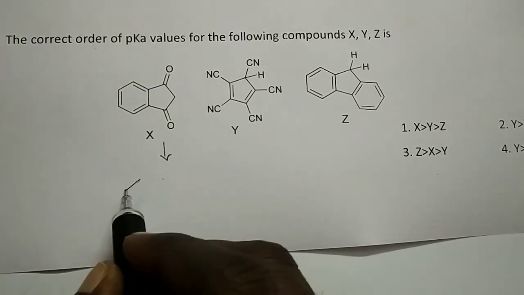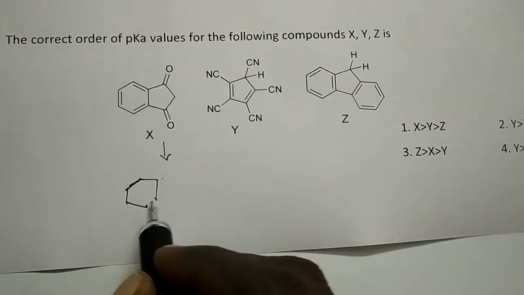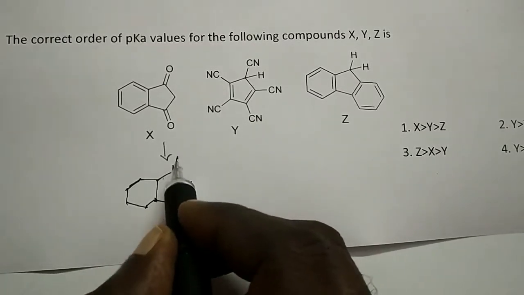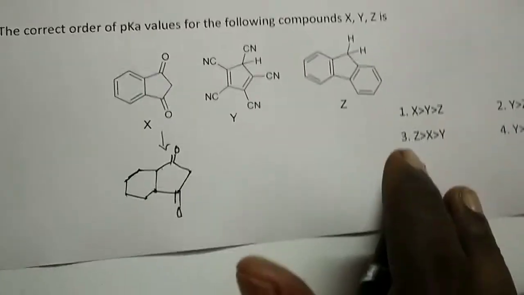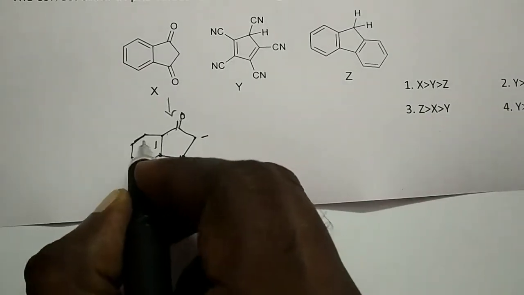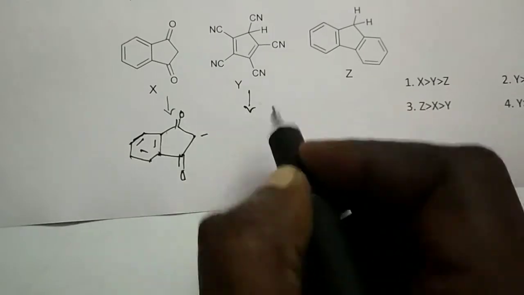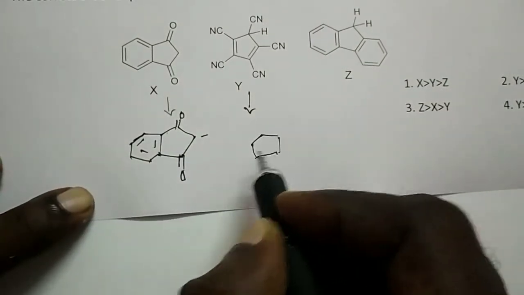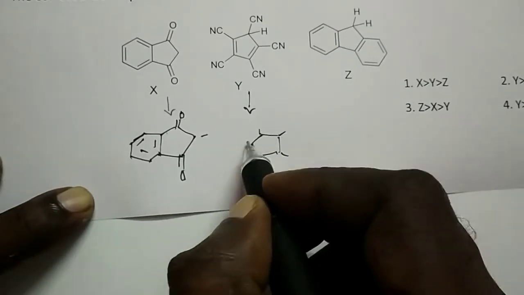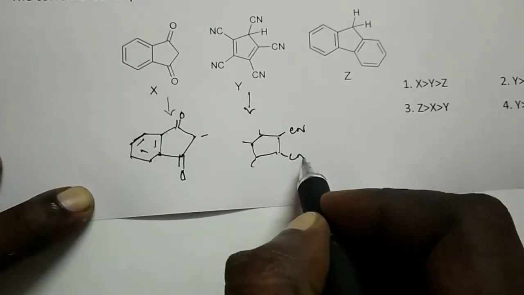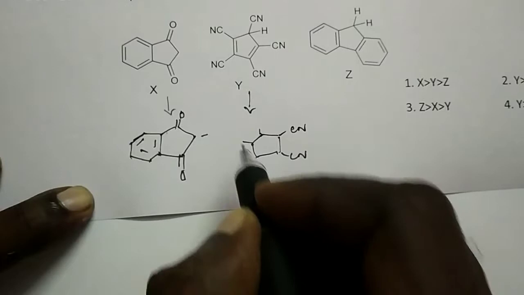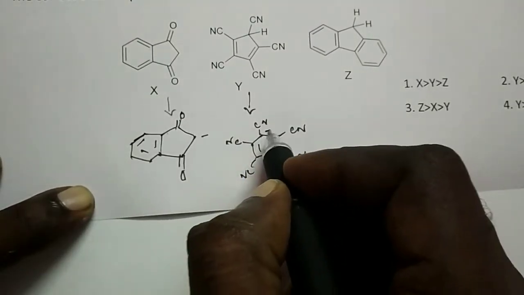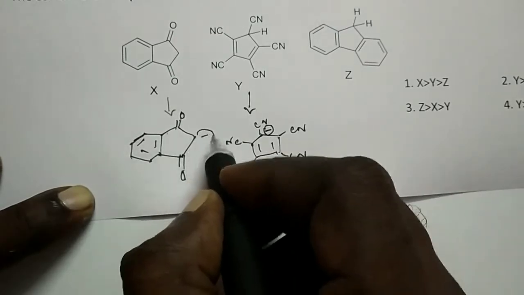If you see the conjugate bases, everywhere cyanide, and there is a negative charge here.